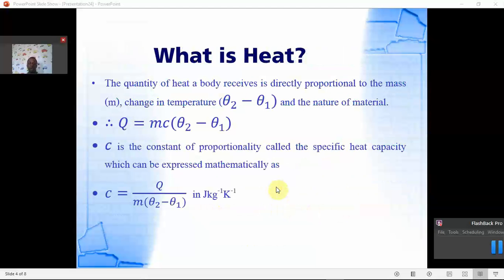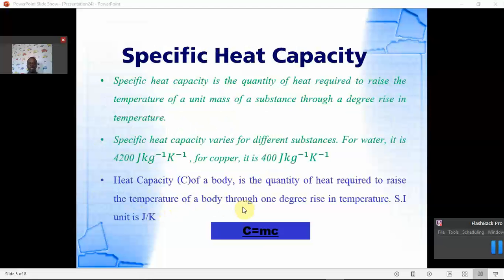So if we go back to our formula, we're now multiplying this by m. That means m will be out, and so we're going to have Q over (theta 2 minus theta 1) to be our heat capacity. So let's take some examples.